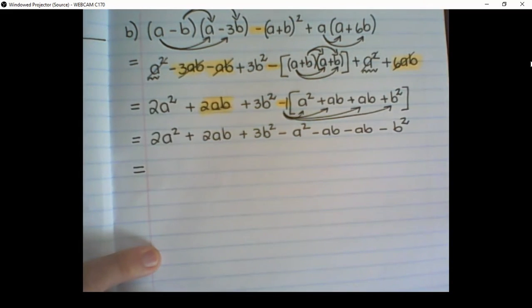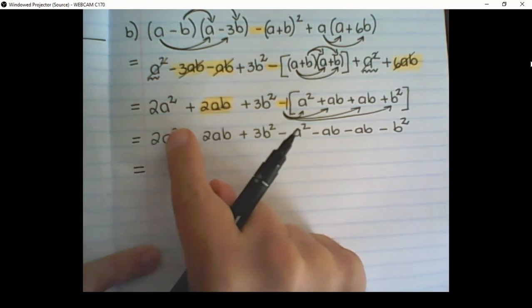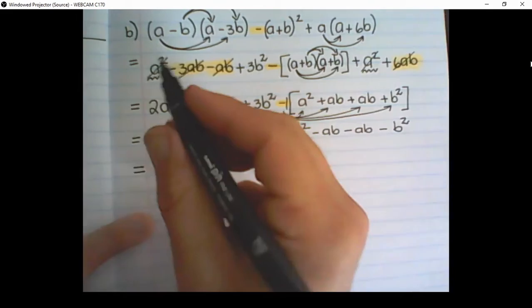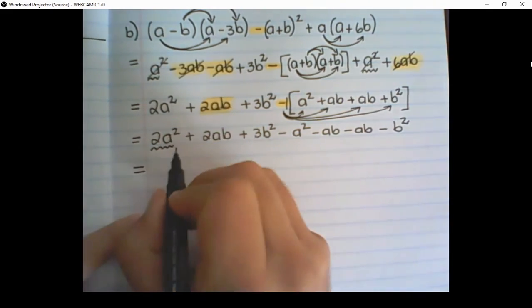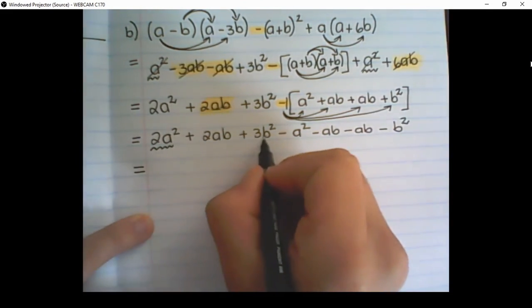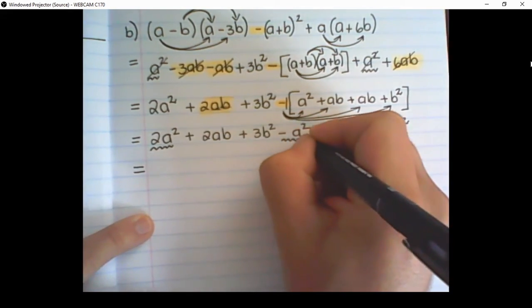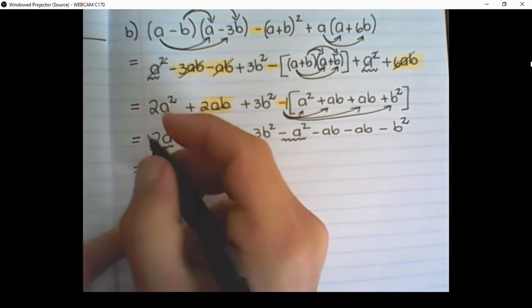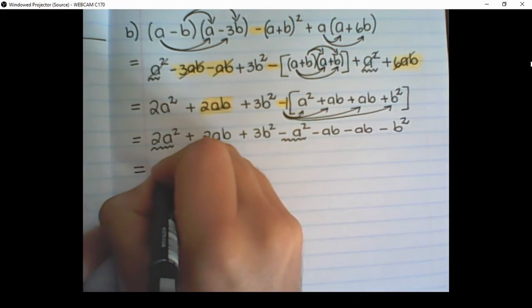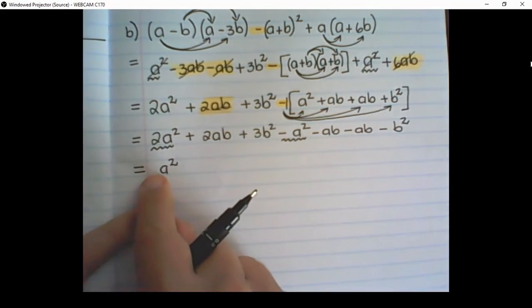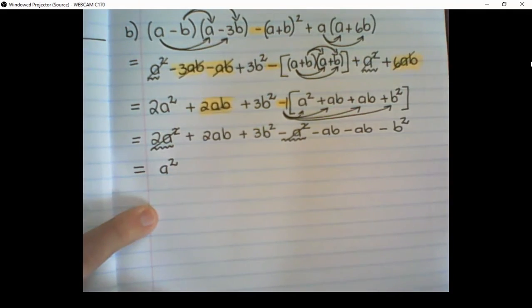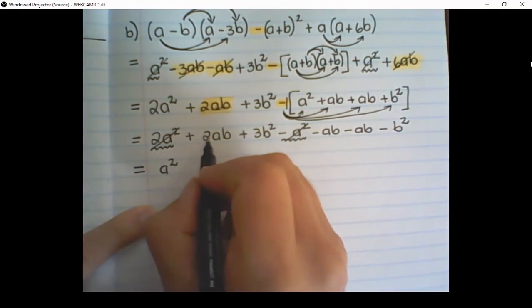And in our final step, what we are going to do is add up like terms. So we start again with 2a squared, and I go through all the terms and I see there is a negative a squared. So 2 minus 1a squared is a squared. We do not have to write the 1 in the front. Now I'm done with 2a squared. Then I look at 2ab.